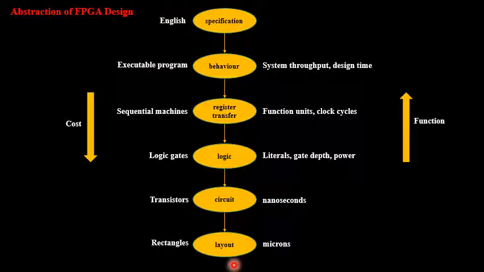So these are the different important steps you are going to carry out. One is your specification, next is behavior, next is register transfer. Apart from these, you will have a configuration. Configuration can be made in order to place the logic elements around your FPGA structure. So placement and routing we have discussed. In case of an FPGA, you are going to follow those two distinct steps, placement as well as routing.